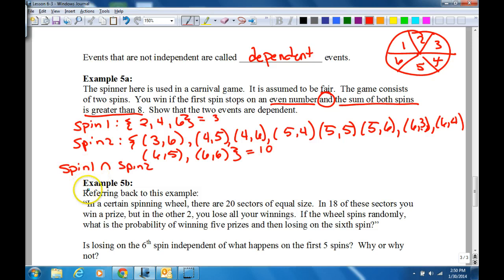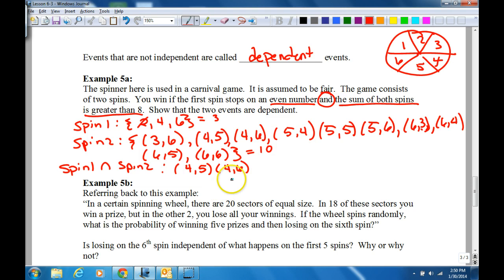I need to find when spin 1 is intersected with spin 2. So I'm going to look at the 2s. There are no combinations starting with a 2, so 2 is out. My other possibilities are 4 and 5. Because 4 is even, and 4 plus 5 is 9. 4 and 6. 5 is not even, so I can't use that one.